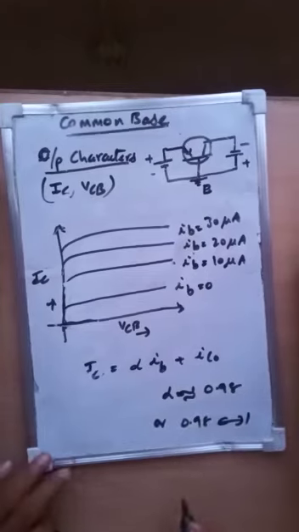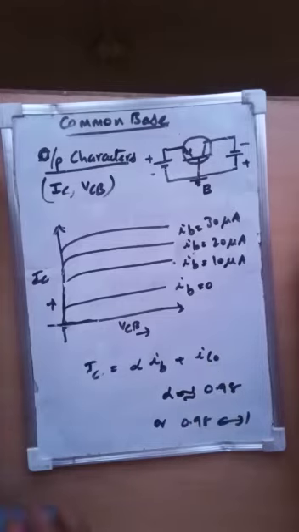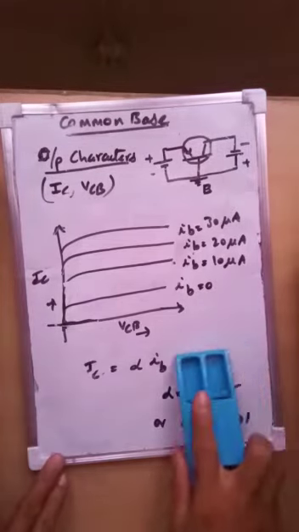Similarly, ICO is in the order of microamperes in the case of germanium, and nanoamperes in the case of silicon. So we can neglect this ICO, the reverse saturation current.